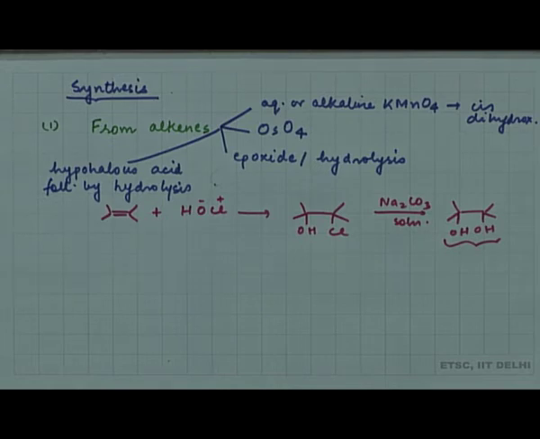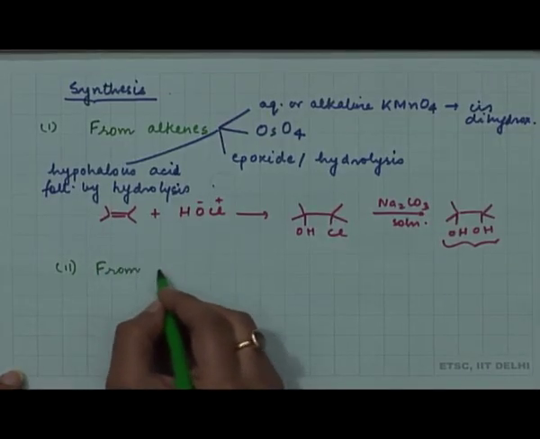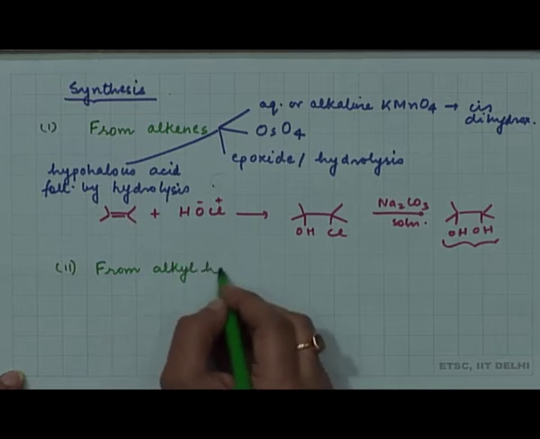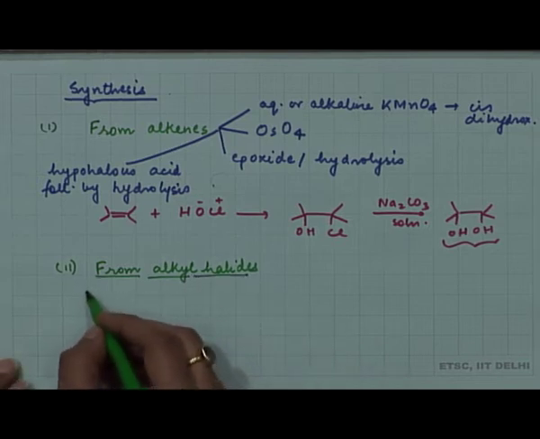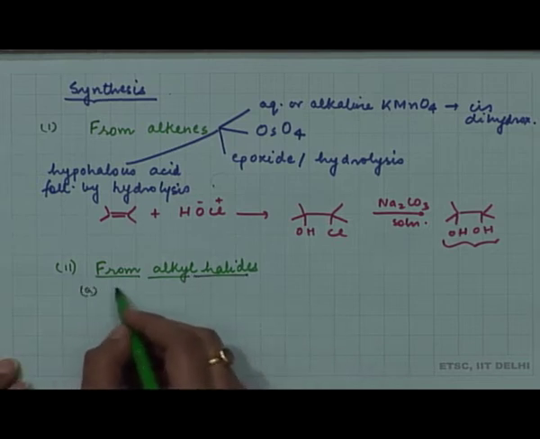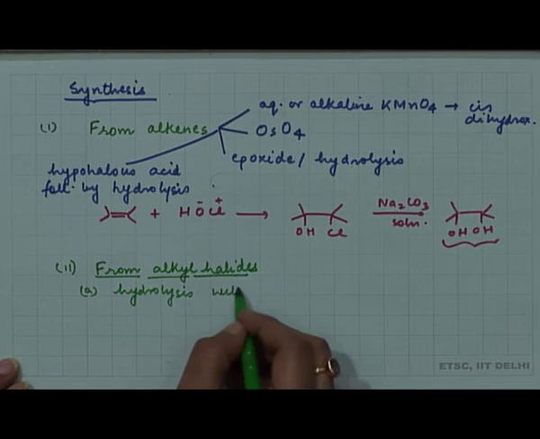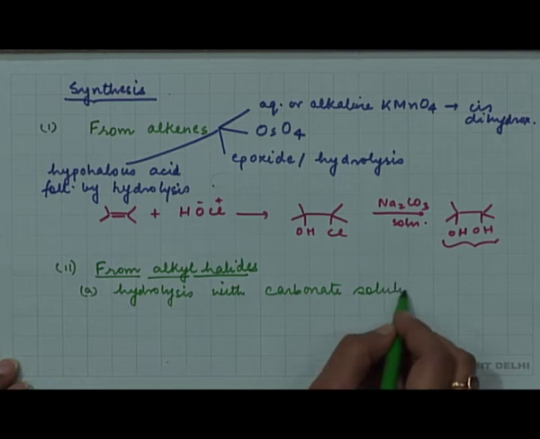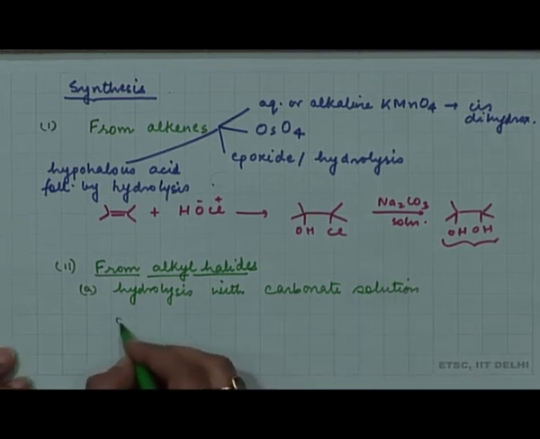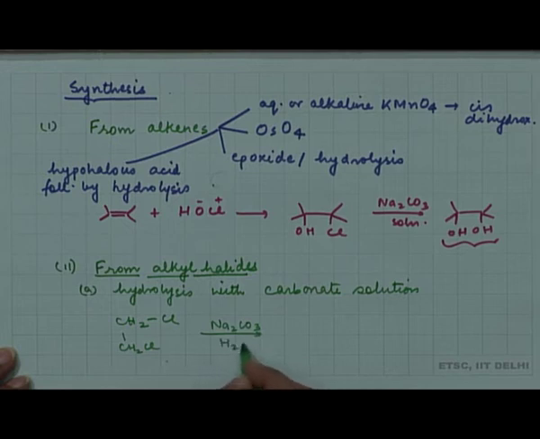So, these were the different methods for the synthesis of diols starting from alkenes as substrates. The next method is starting from alkyl halides. The conditions employed are simple hydrolysis with carbonate solution, which means you have to have a dihalide to begin with, and you treat it with sodium carbonate under aqueous conditions.